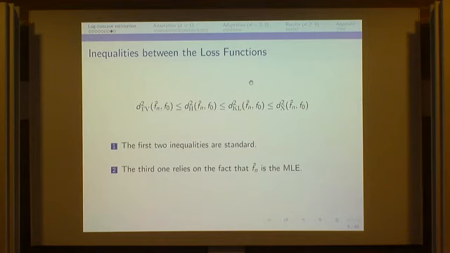And KL at data, we write as d_X squared. The first two inequalities are quite standard. You can find the proofs in the textbook. And the third one relies on the fact that Fn hat is the MLE.